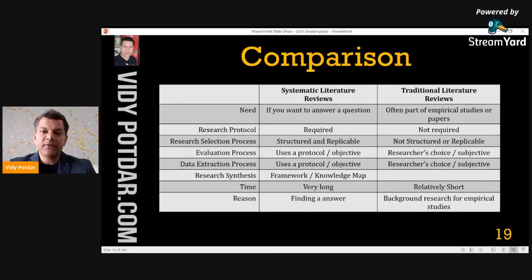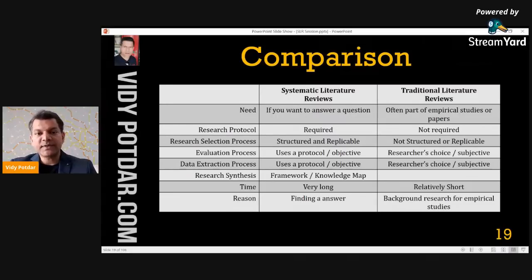However, traditional reviews are a part of a larger empirical study that you are doing, or you include a traditional review in a research article that you're going to publish with your empirical results or empirical findings. So that is the first difference.